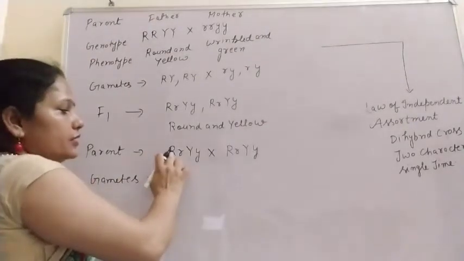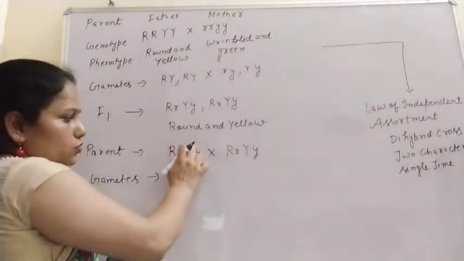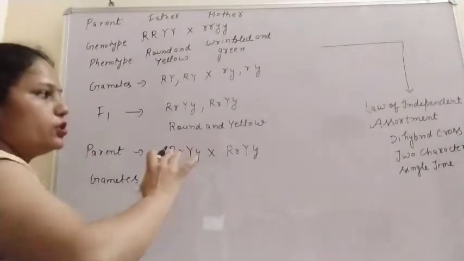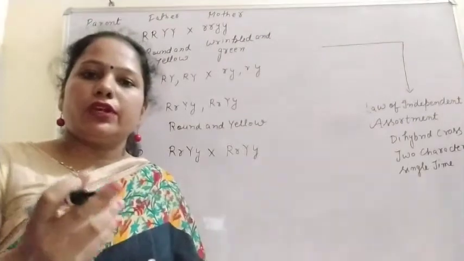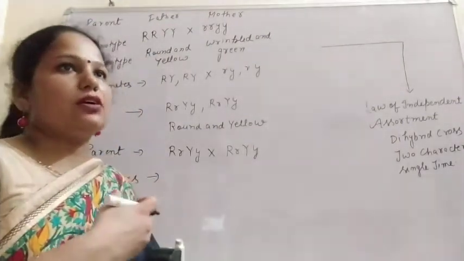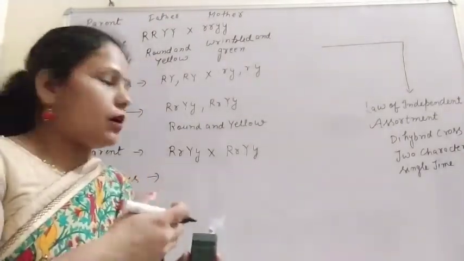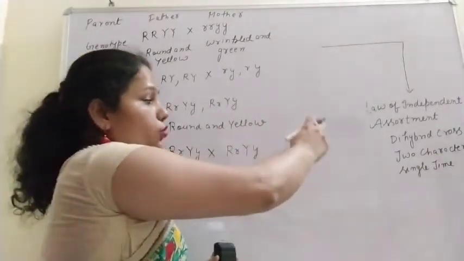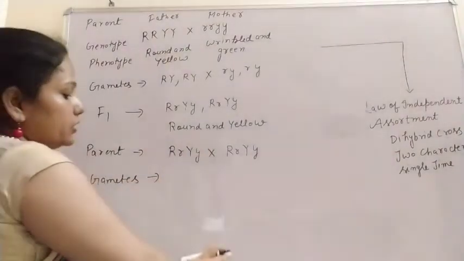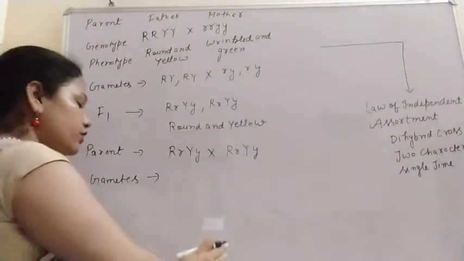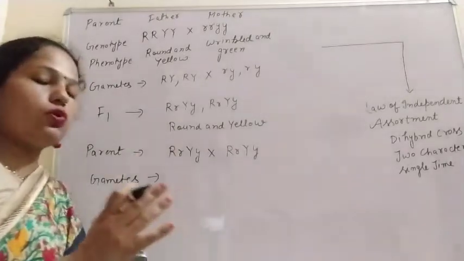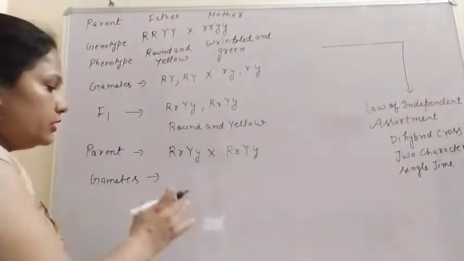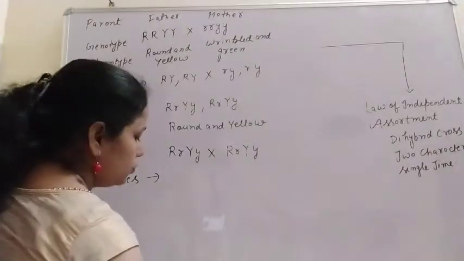This capital R can come with capital Y also, and this capital R can come with small y also. Means they are independent. This capital R can come with capital Y, it can come with small y. So this is known as the law of independent assortment. When we finally get the conclusion, or when we get the ratio in F2 generation, what will be the ratio? That is 9:3:3:1.